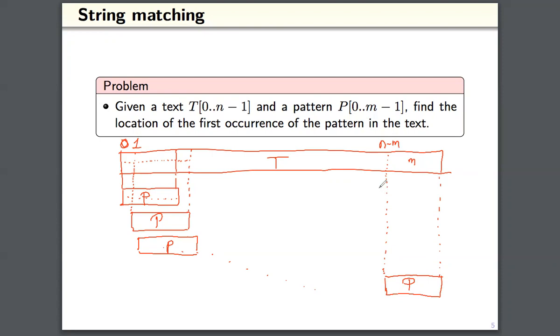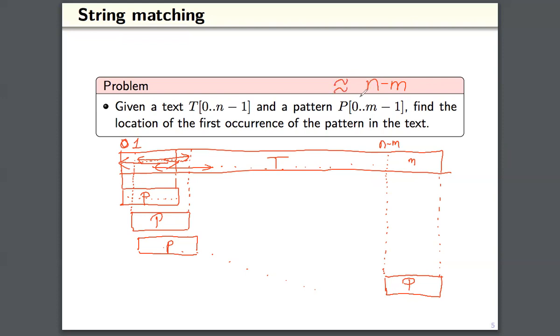Right? So this is your exhaustive search. Now, can you tell me in this search space, what are the candidate solutions? This string is a candidate solution. This string is a candidate solution, and so on, right? So how many candidate solutions are there? Approximately n minus m. You need to check whether it is plus or minus 1 or something like that.